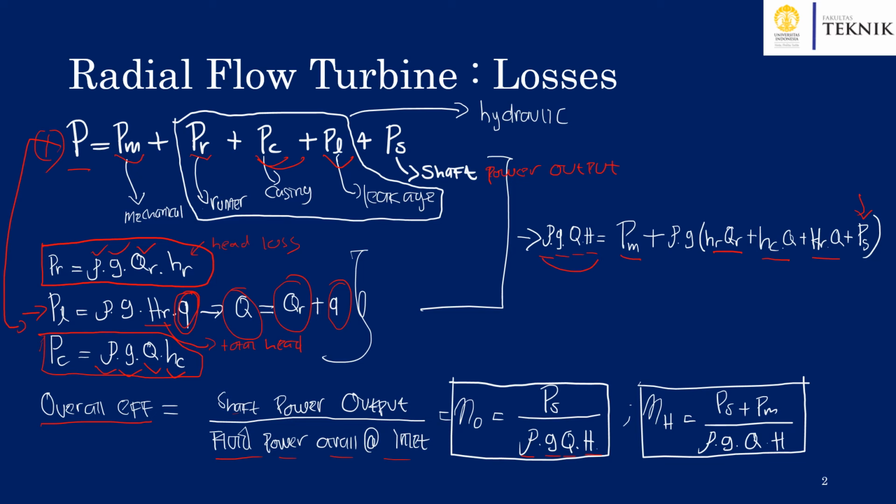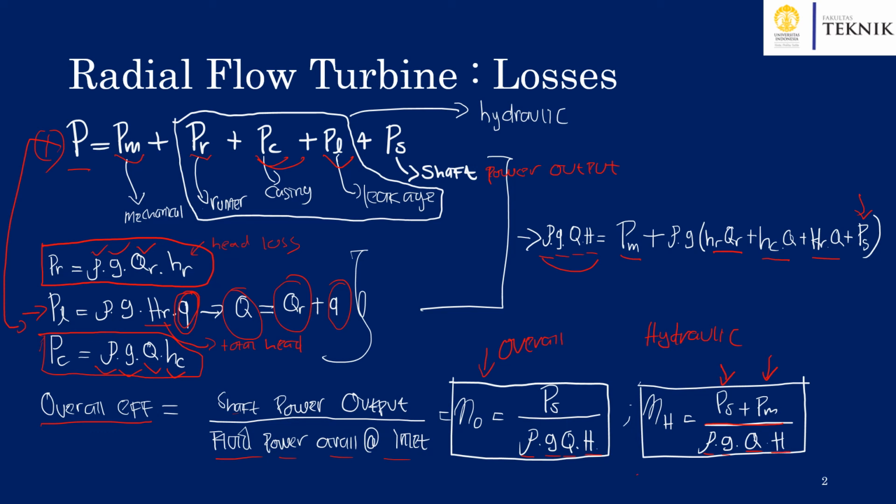And as this is the overall efficiency, the other efficiency is the hydraulic efficiency, that is the function of shaft power output plus the mechanical power loss divided by the fluid power available at the inlet flange, or in this term is equal to density, gravity, flow rate, and total head.